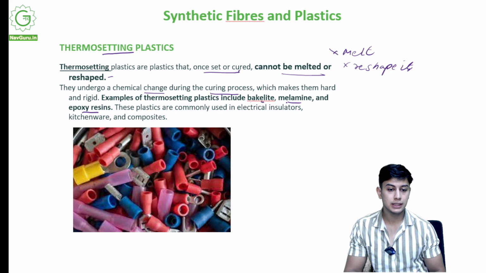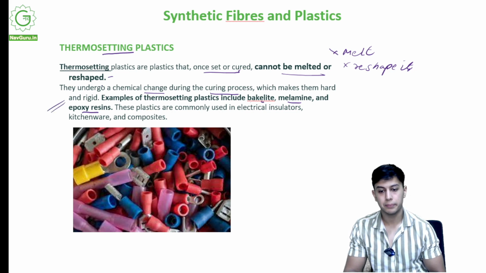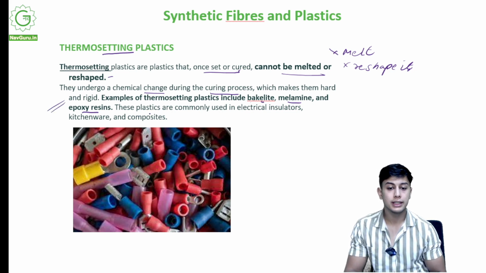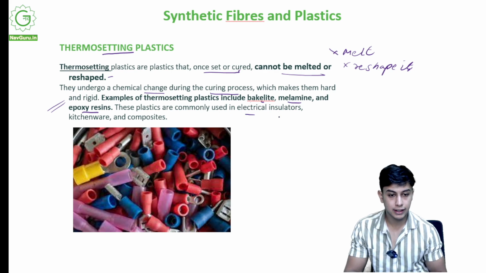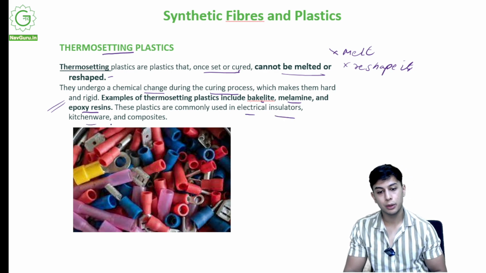These three examples you should remember. These plastics are commonly used in electrical insulators, kitchenware, and composites.